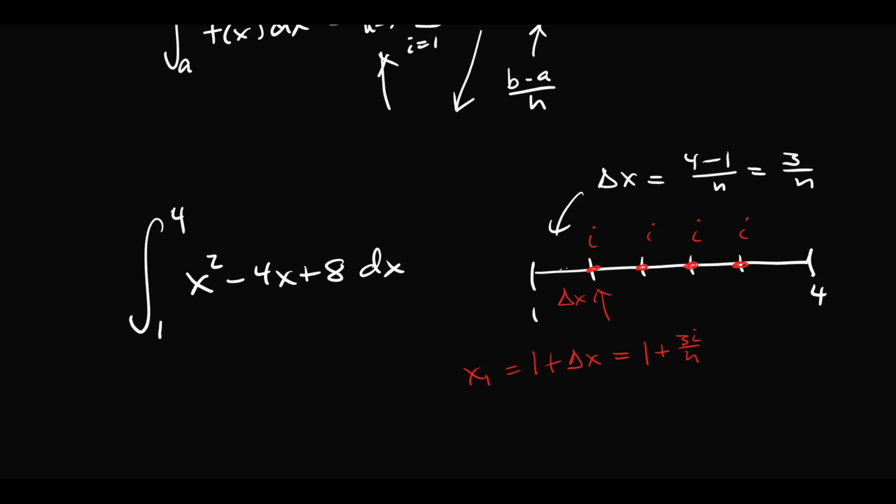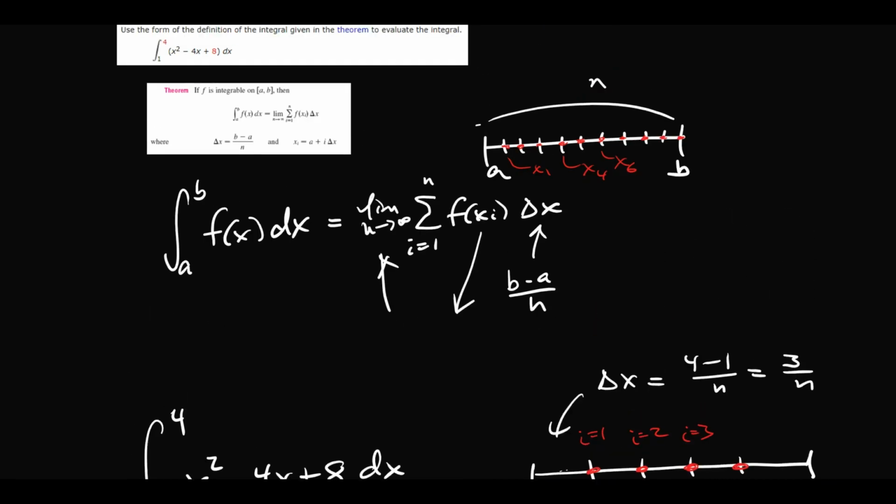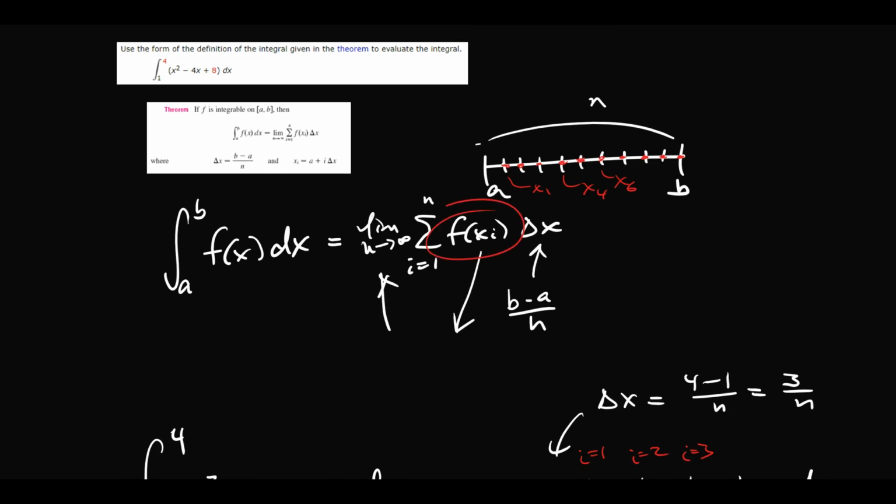So when i is equal to 1, it'll be 1 plus 3 over n. When i is equal to 2, it'll be 1 plus 6 over n. This is i equals 1, i equals 2, i equals 3. So the i will change, okay? So the little x sub i's are going to be this.